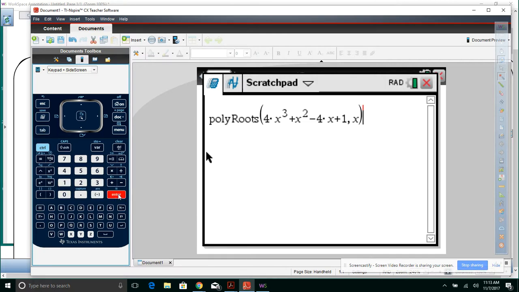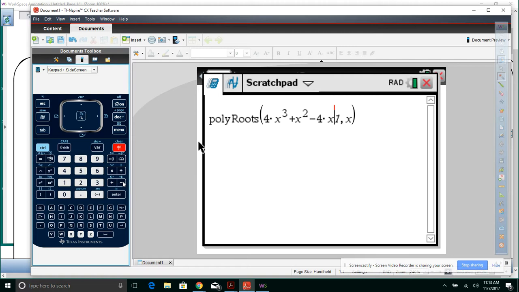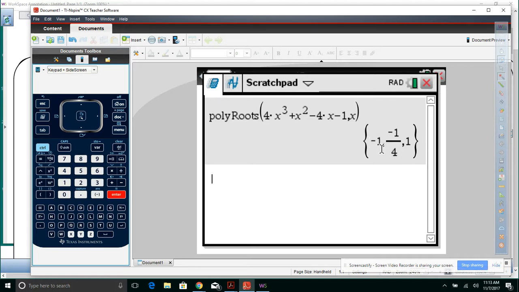Press enter. That was supposed to have been -1. Let me fix that. Delete. All right, good. And we press enter, and look, we got -1, 1, and -1/4.